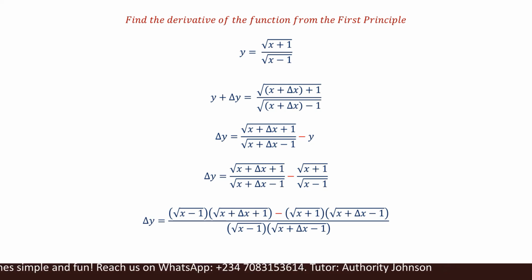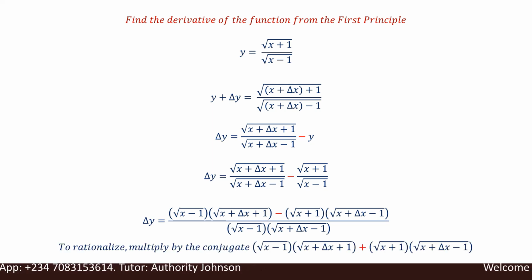So the next thing we are going to do is to rationalize by multiplying the numerator and the denominator by the conjugate of the numerator. Okay, so for us to rationalize this, we multiply the numerator and the denominator by the conjugate of the numerator. And what is the conjugate of the numerator?